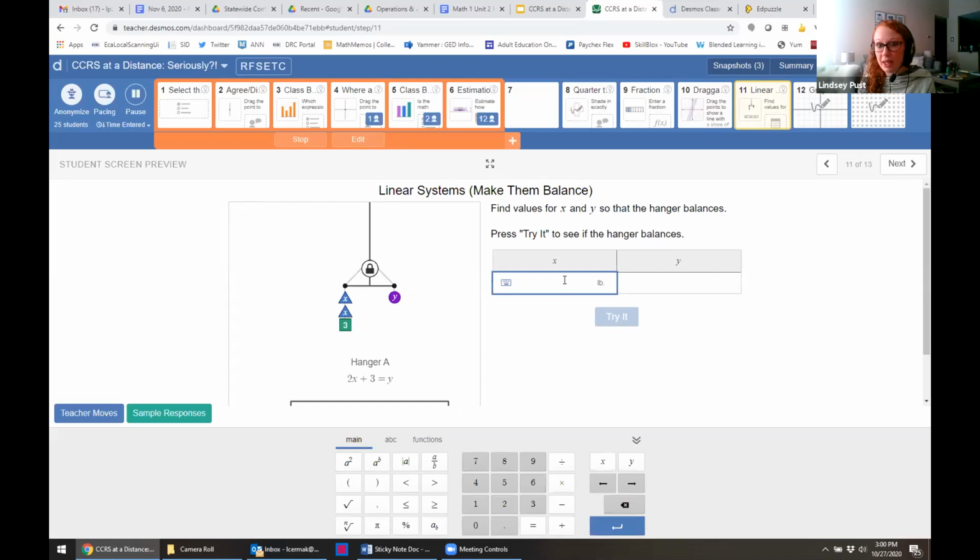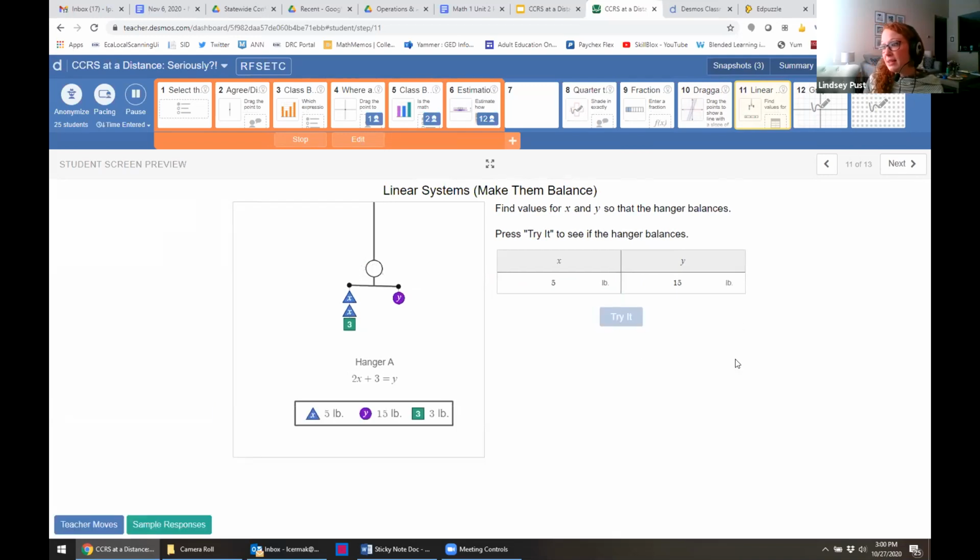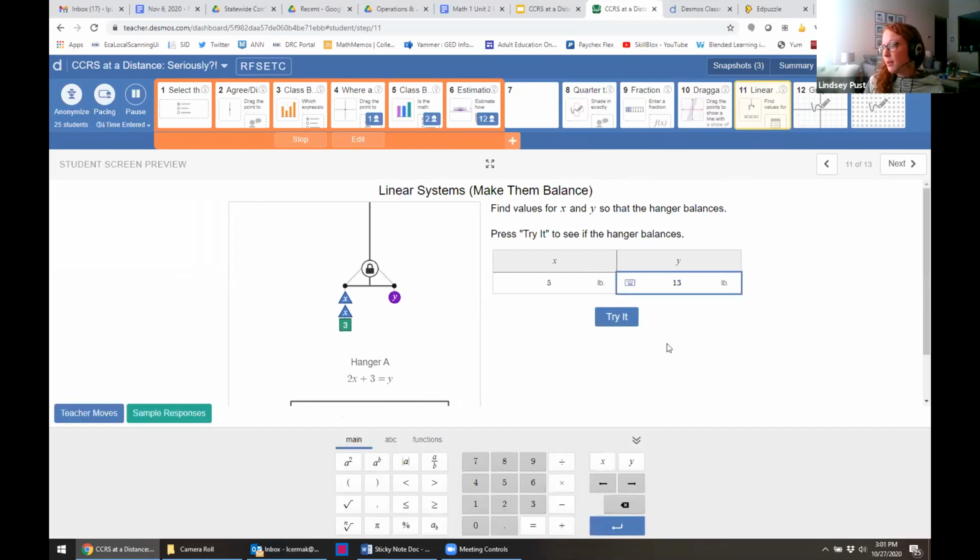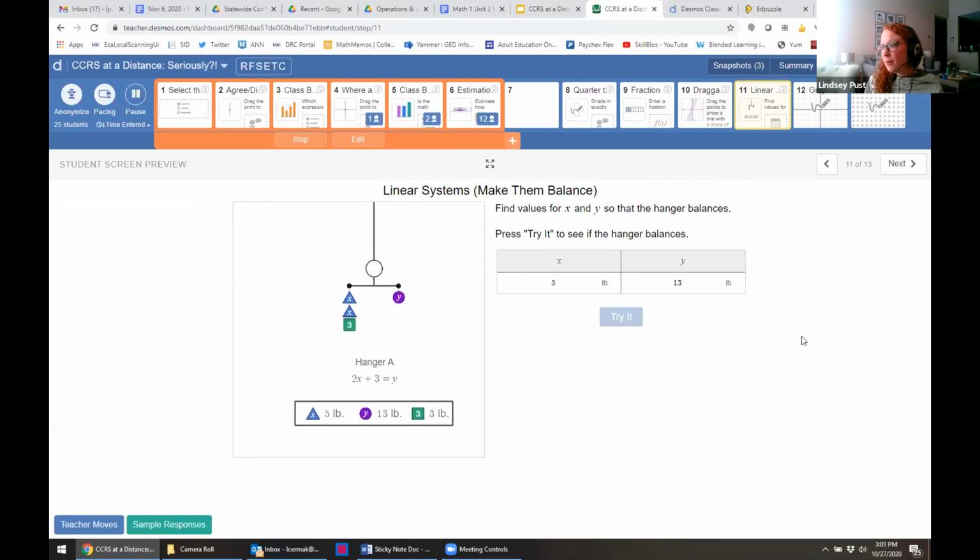If I try and put in 5 for X, what does that mean Y has to be in order to balance? If I put in 15, does that balance or not? And I can see, wow, okay, Y is heavier, so that isn't going to be an answer. I could try another one and look, it balances. So just like that, real-time balancing of equations as well.